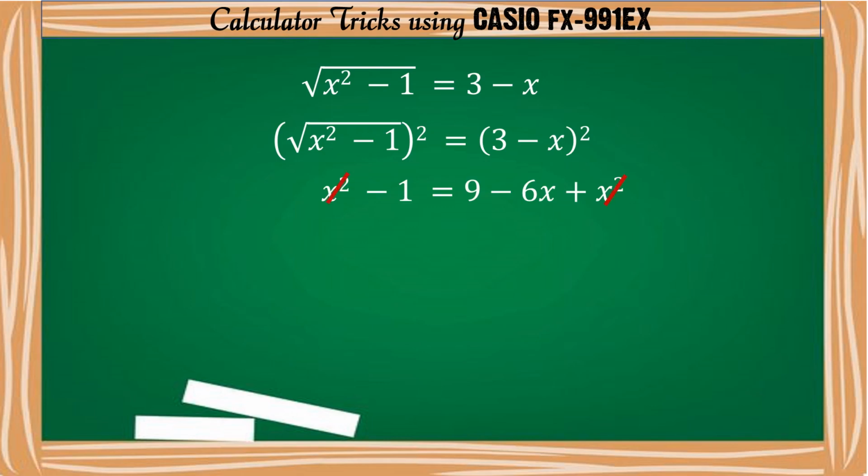Makakancel si x squared, and then we are left with negative 1 equals 9 minus 6x. Simplifying further, we will have 6x equals 9 plus 1, or 6x equals 10. Dividing both sides by 6, that will give you 10 over 6. To reduce to lowest term, we have x equals 5 over 3.